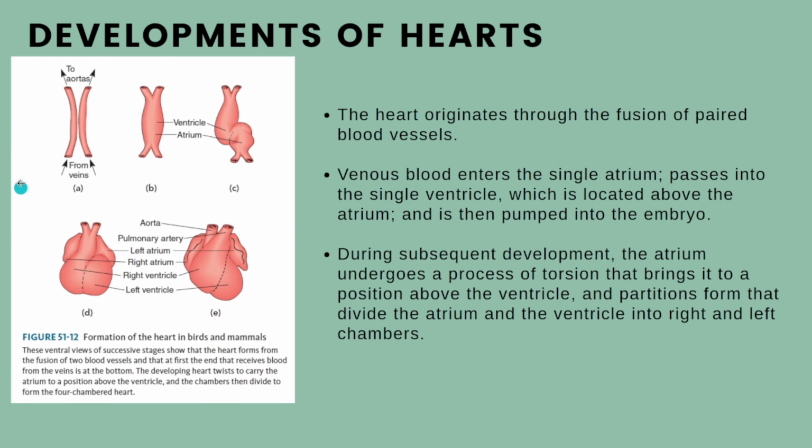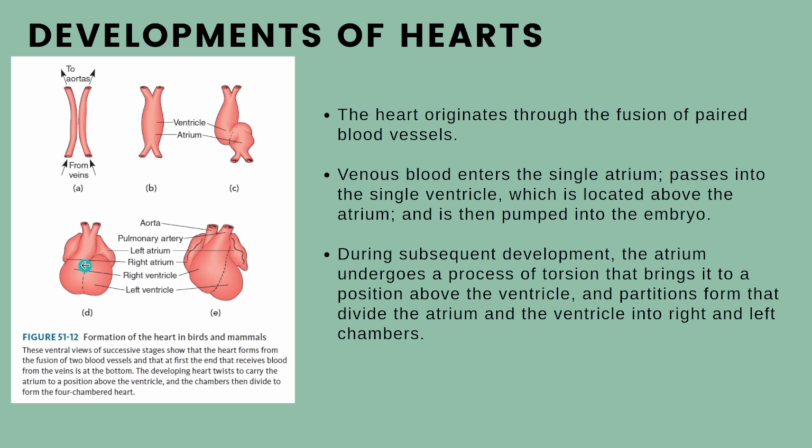So you can see here, because the heart originated through the fusion of a pair of blood vessels, initially there are only 2 blood vessels, artery and vein only. After that, when the venous blood enters the single atrium, it passes into the single ventricle, something like that.